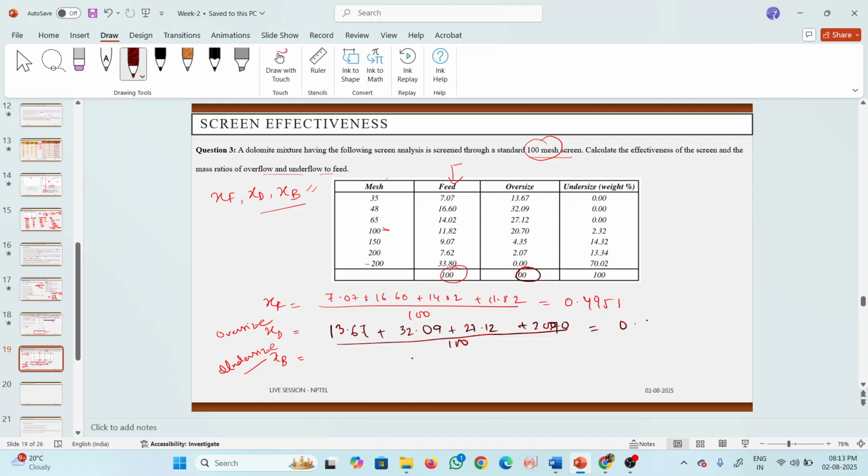So the value we get is 0.9358. And in a similar way, when we do the undersize, XB will be 0, 0, 0 plus 2.32 divided by 100. It will be 0.0232.